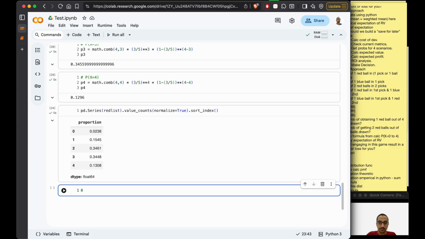we know the expected values, right? So the weights times their probabilities, which is the sum of the weights, weighted averages times the probability.